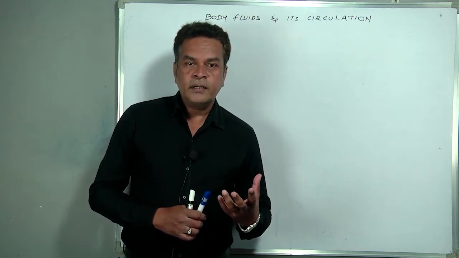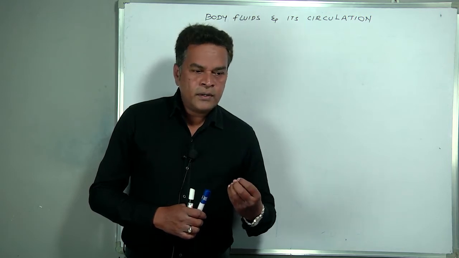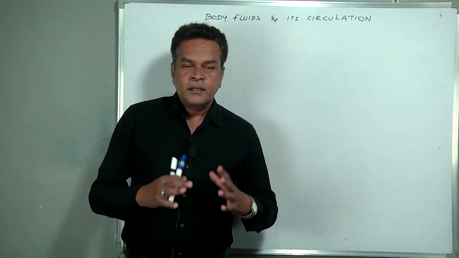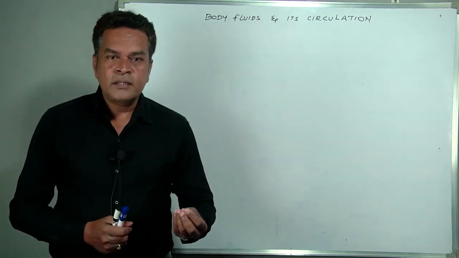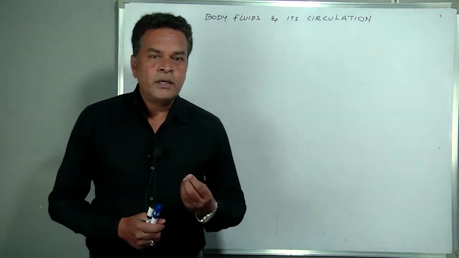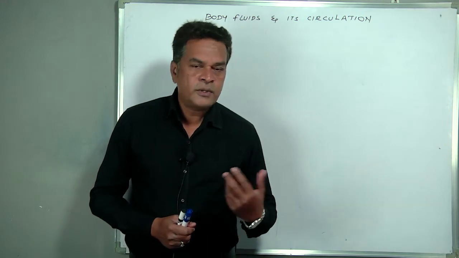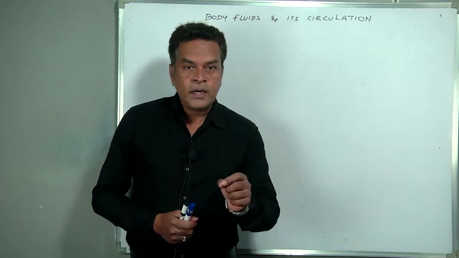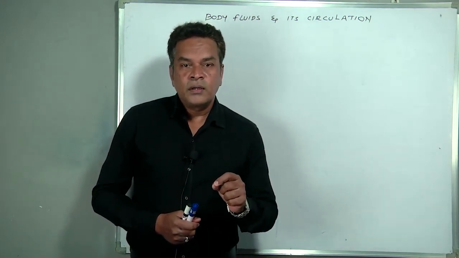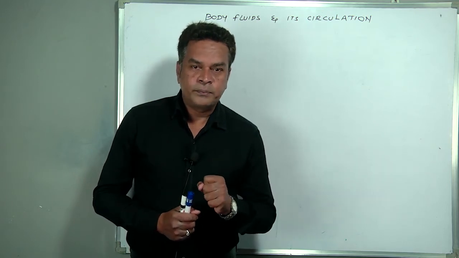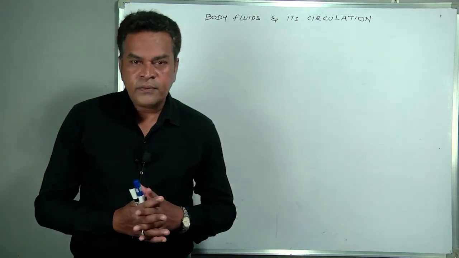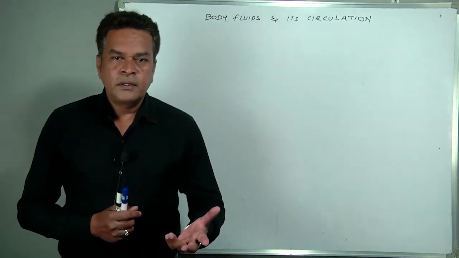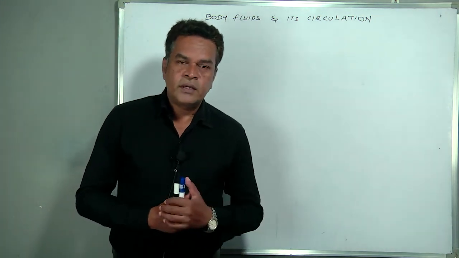That heat will be transported through the blood. As far as human beings, mammals and birds are concerned, we are homeothermic. We need to maintain our body temperature constant, irrespective of the surroundings. Therefore, blood also plays an important role in keeping the body warm. This is nothing but regulation of temperature by the circulatory system.